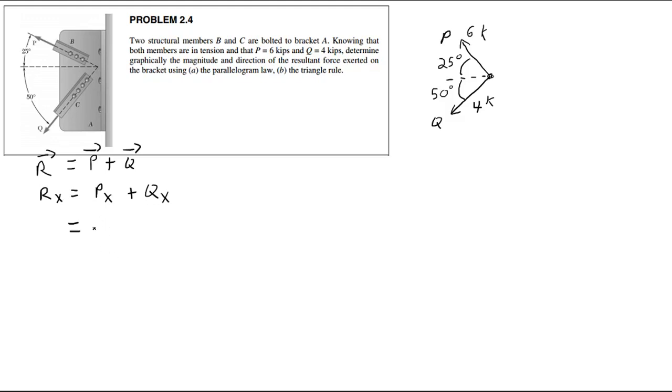Now, Rx is going to be negative 6 cosine 25 degrees minus 4 cosine of 50 degrees. And this will come to negative 8.01 kips.